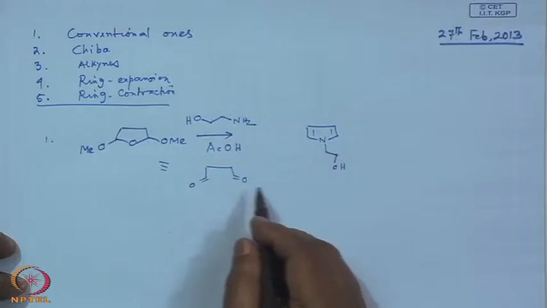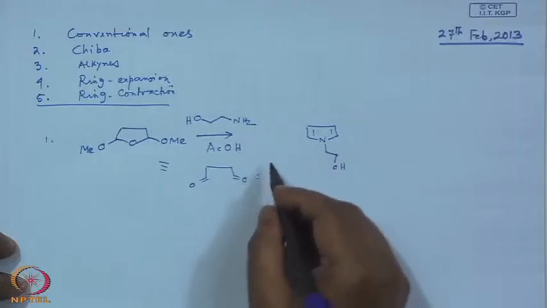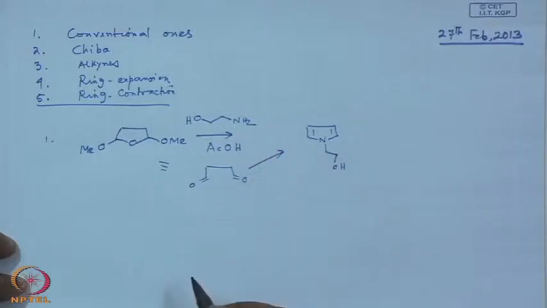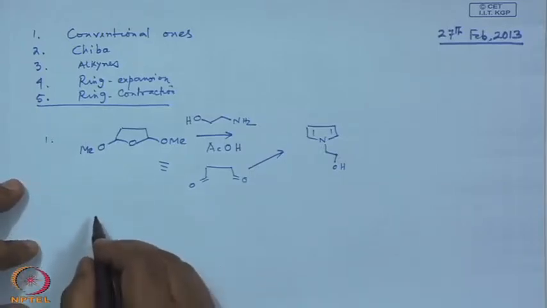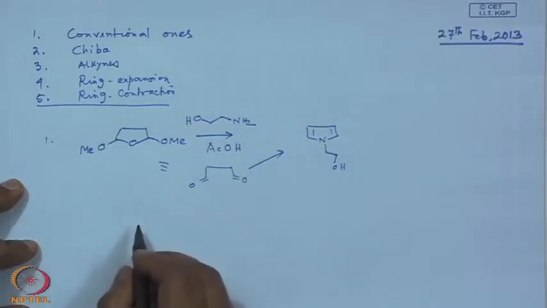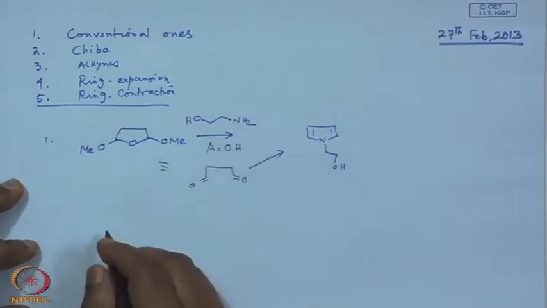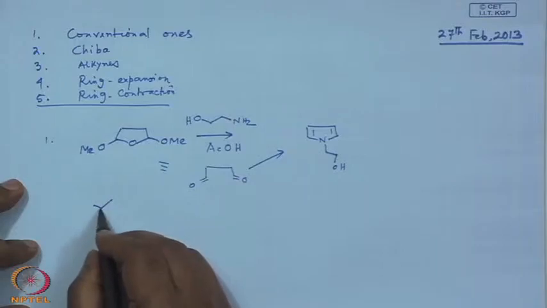Once this condensation takes place, of course the 5-membered ring system would be formed first. Now, we will have a slightly more complex example to illustrate how powerful this is.